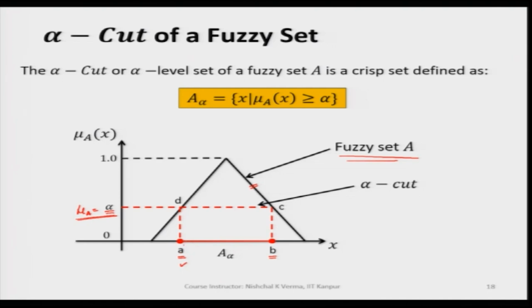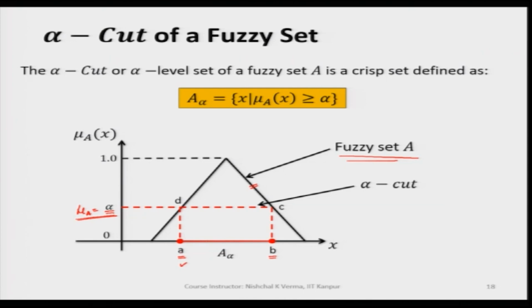That is why we show the alpha cut as the collection of all the values from a to b, and a and b are shown by solid dots.